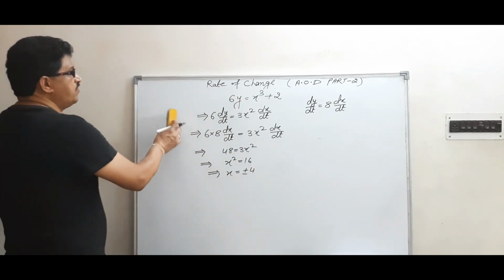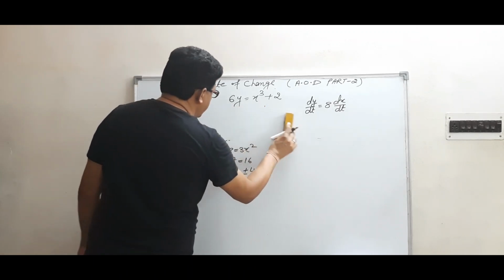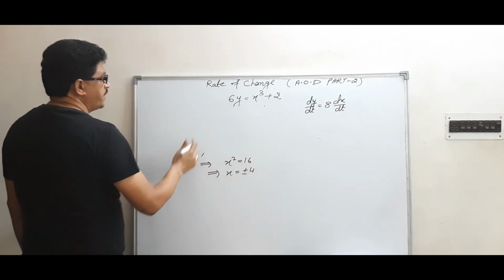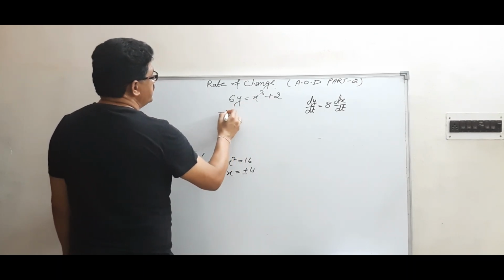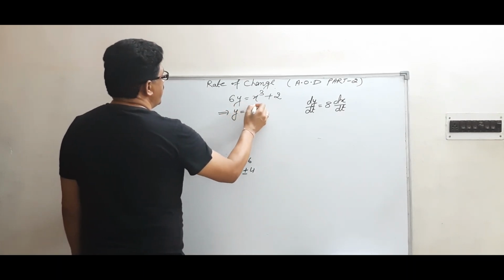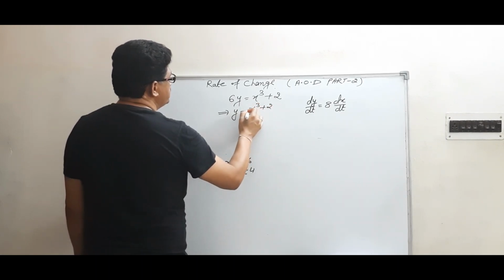So now you put the value of x in the given curve. 6y is equals to x cube plus 2, then y is equals to x cube plus 2 upon 6.